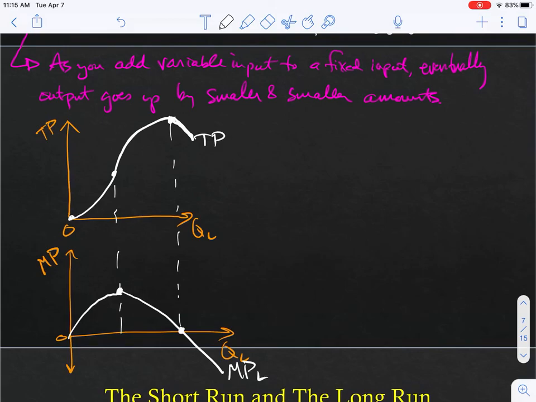Now, you don't need to worry about the math part of it, but if it does help you, there's a relationship between this total product curve and this marginal product curve that if you've taken calculus, you might pick up on. This marginal product is the first derivative of the total product curve. So if that helps you, awesome. If it doesn't, no sweat. You don't need to put that together for our class.